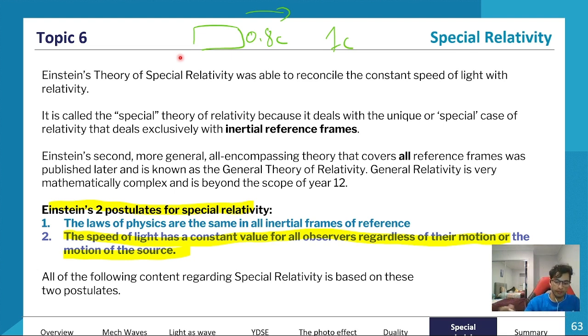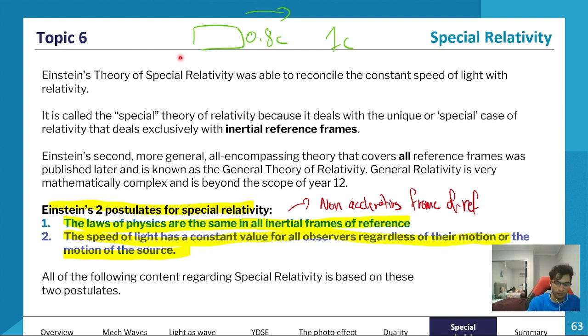The next thing is that, like I said before, the laws of physics are the same in all inertial, or non-accelerating, frames of reference. The reason why we say non-accelerating is because when things start to accelerate, that's called a non-inertial frame of reference.